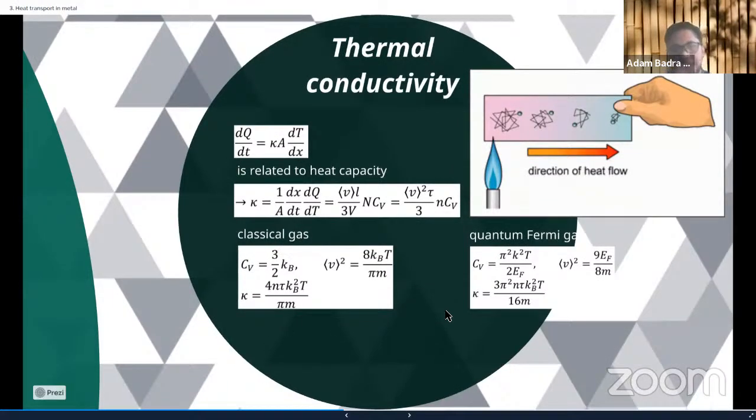In the quantum Fermi gas, this is the CV discussed in the free electron model. Now this depends on T, the temperature, but V squared, the average velocity, doesn't depend on T. It depends on 9 EF over 8m. So it only depends on the Fermi energy because of the Fermi-Dirac distribution.